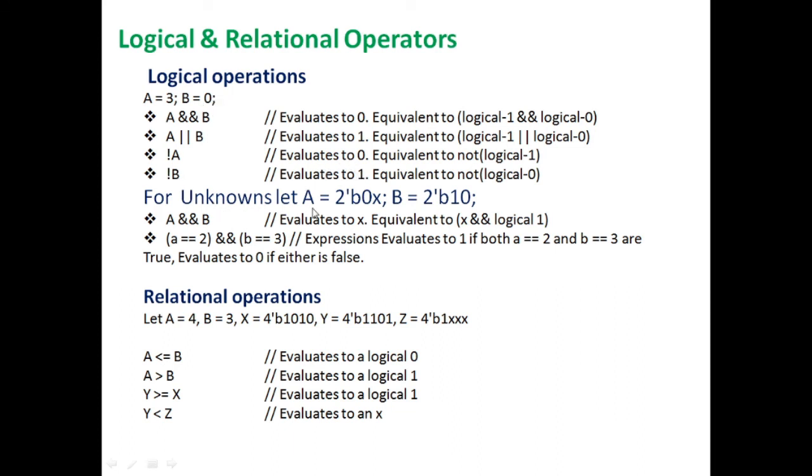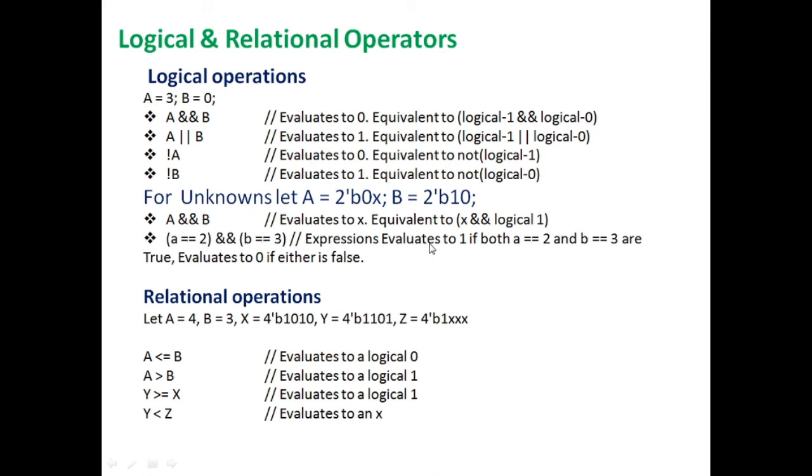Sometimes unknown values may also be present. A equal to 2-bit binary 0x and B equal to 2-bit binary 10. So if unknowns are present, the output is evaluated to x again. Sometimes I may have logical operations in expressions like this. We call this an expression.